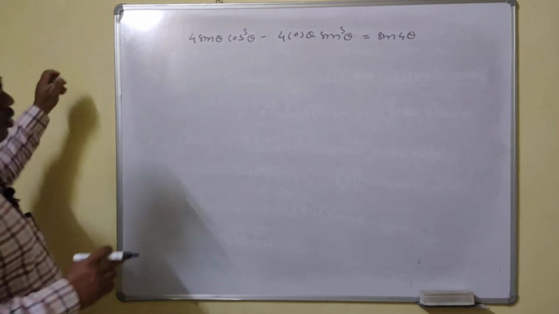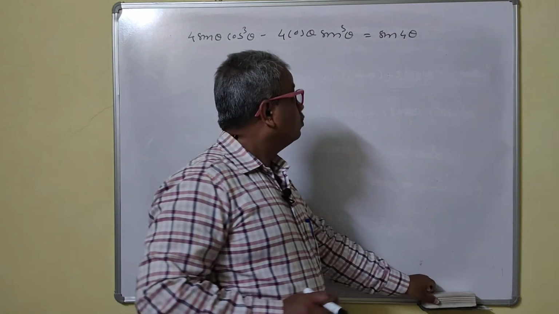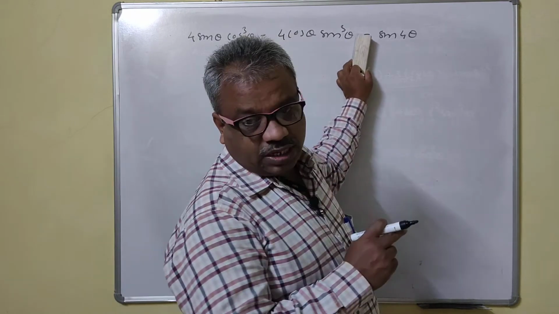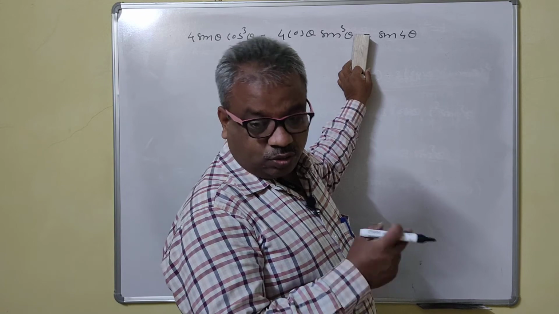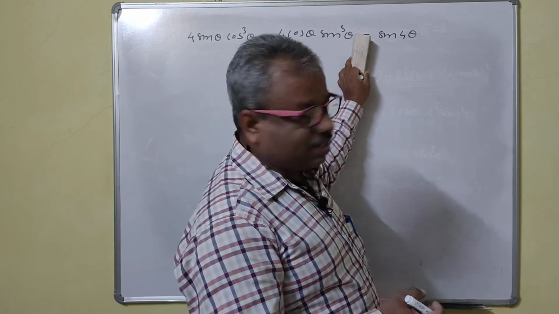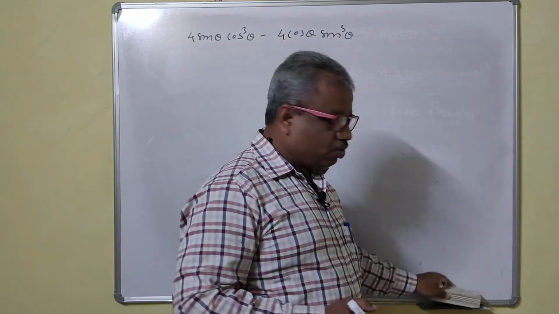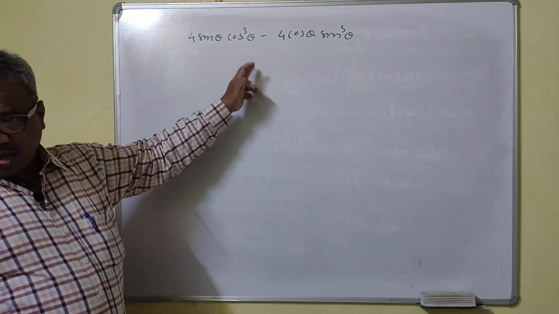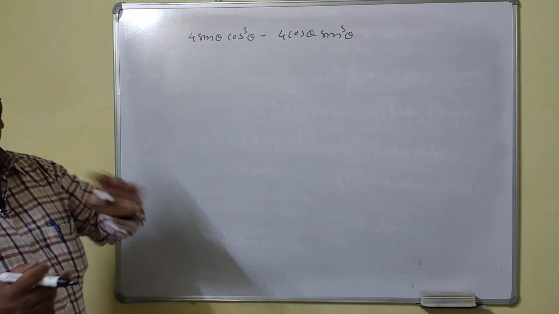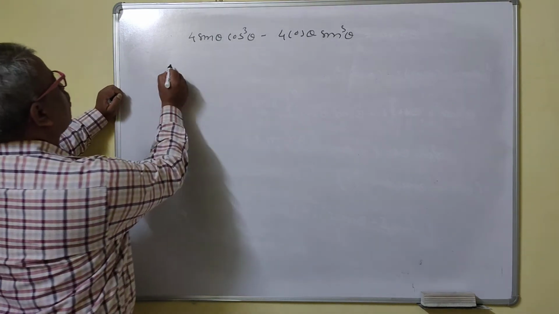We'll take the LHS. Our target is sin 4 theta, which is 2 sin 2 theta cos 2 theta. So we have to prove that this is the same as 2 sin 2 theta cos 2 theta, which is sin 4 theta. That is our target.